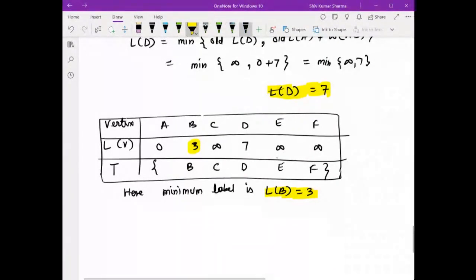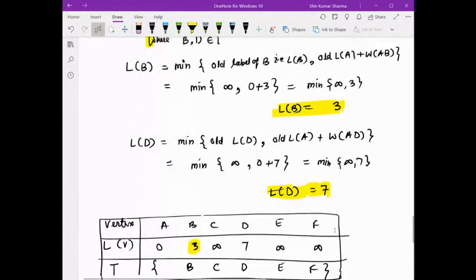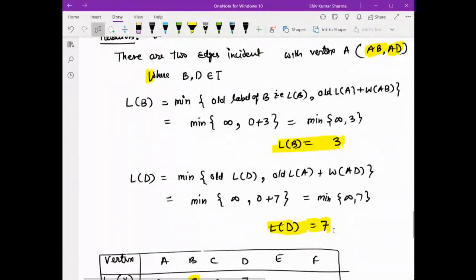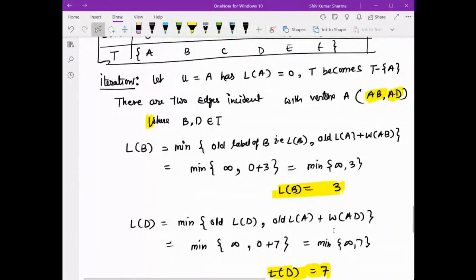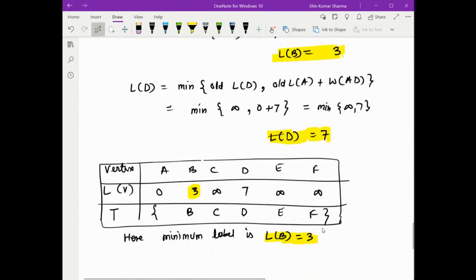Now we move to the second iteration. If you have any doubt, you can ask. So this is our formula for finding the minimum level. Initially we consider U equal to A, that means we start with the vertex A. The level of A we give as the permanent level 0, and we eliminate it from T, so T minus A. In this table we write down starting with B. We cannot use A, because once we give the permanent level to any vertex, we eliminate it from the set.